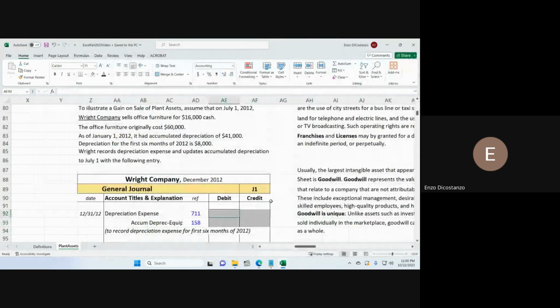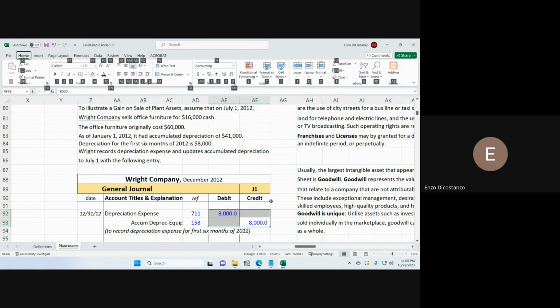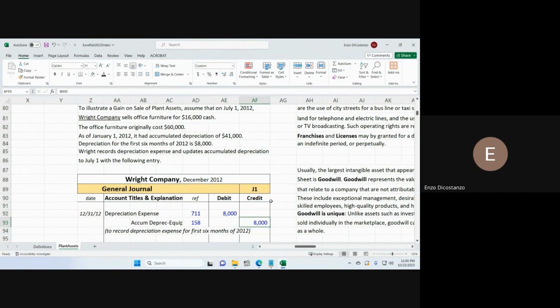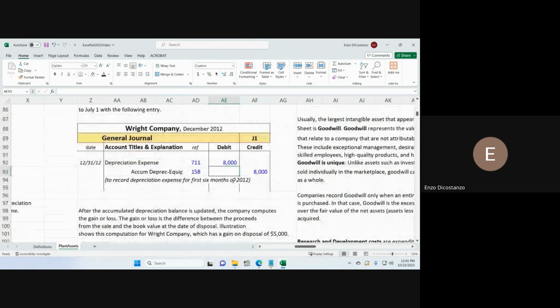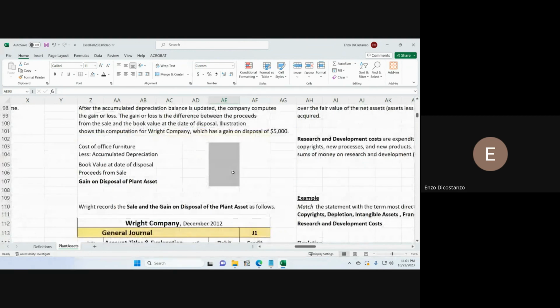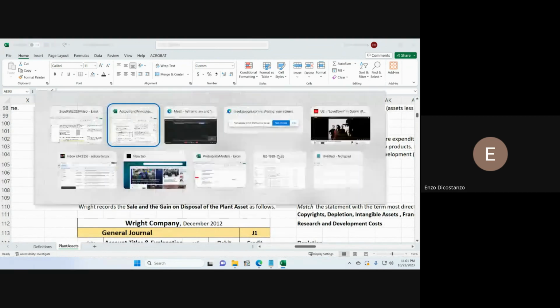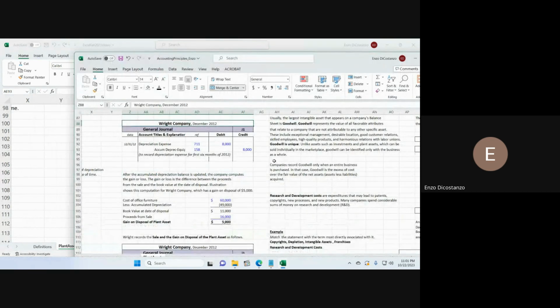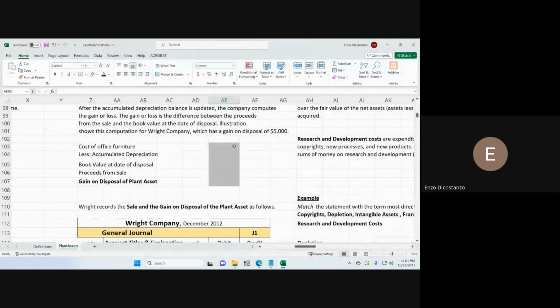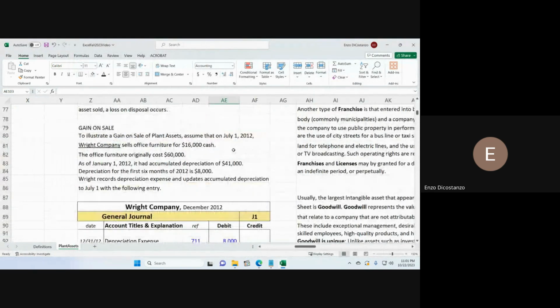So the first thing you want to do is record that 8,000 worth of depreciation for the first half of the year. So this is for the first 6 months. You record that. So in other words, you had 41. And well, actually, the furniture cost 60.